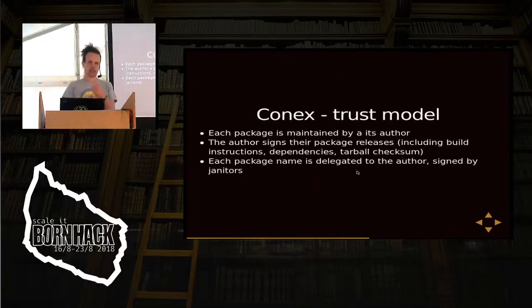In Conex, each package is maintained by its author or a team of authors. And the author is supposed to sign their package on every release. Signing the package includes the checksum of the tarball of the release, but also the build instructions and the dependencies, like external dependencies to libraries.